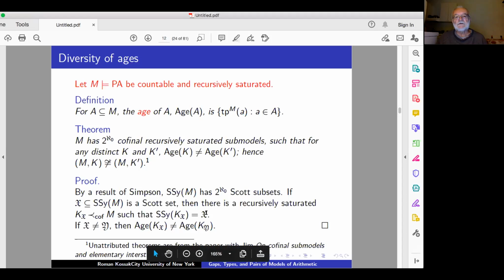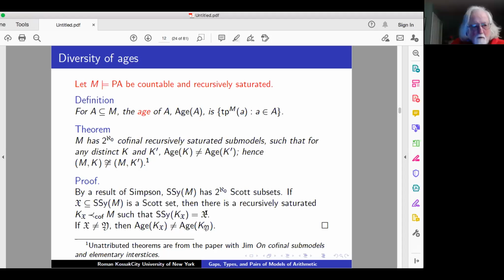And once you have it, this is a general thing: if you have a recursively saturated model, elementarily equivalent, with a smaller standard system, then you can embed it into a larger recursively saturated model. But an extra step is needed. It can be embedded in all kinds of ways, but it's not difficult to do it on a cofinal subset. It's a routine thing to do. Okay, so the cofinal part is not really a problem.